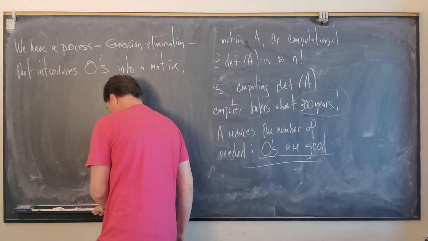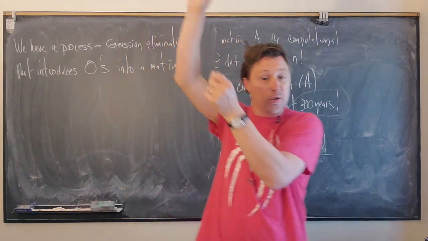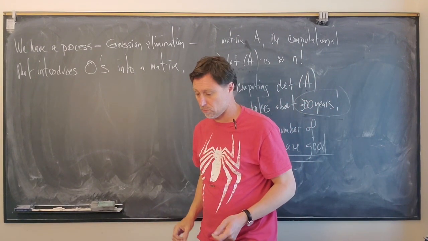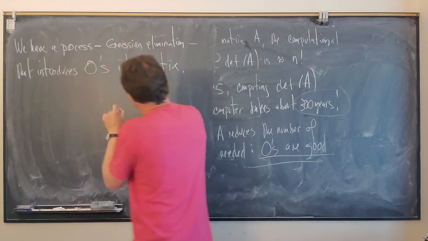You identify a leading one and then use that leading one to create zeros below it.